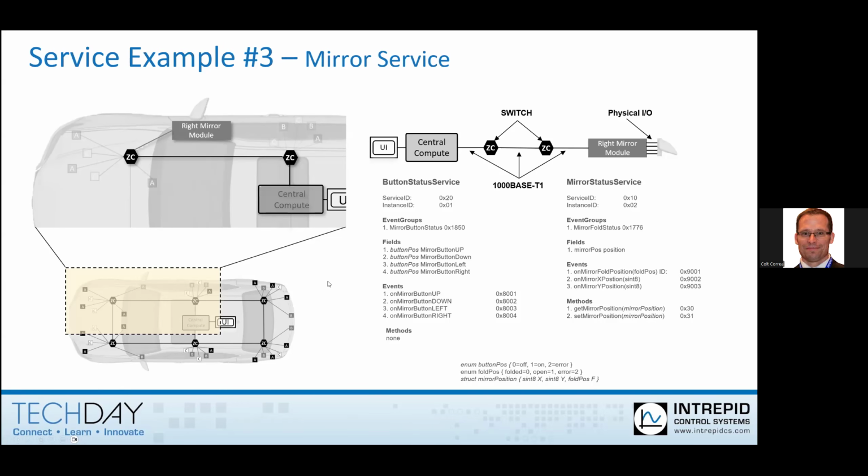So hopefully that's a good overview of all of the things that we're demonstrating here. One service provided by a right mirror module and another service provided by a central compute module, and these two services will interact and work together to provide a whole comprehensive control system.